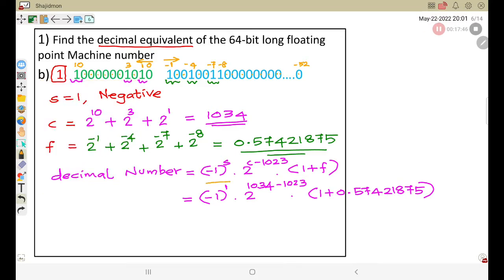Before entering it in your calculator, (-1) to the power 1 means the number is negative, as already mentioned on top. Enter the remaining terms in your calculator and you get minus 3224. This is the decimal number representing that 64-bit machine number.